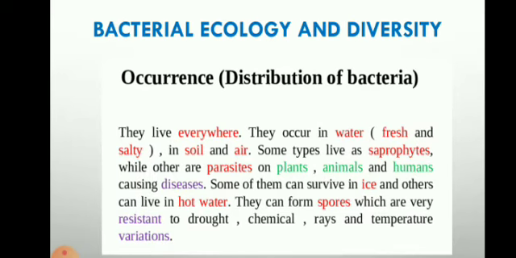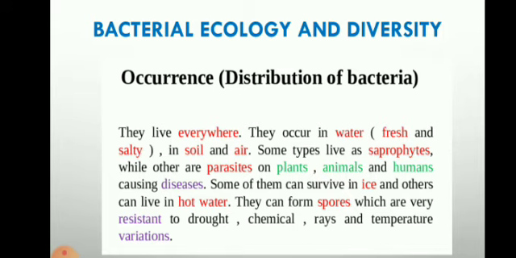First of all, we'll talk about bacterial ecology and diversity, where they are found. They live everywhere. They occur in fresh water, salty water, soil, and air, and they live as saprophytes and parasites on plants, animals, and humans. They cause diseases. They can survive in ice, hot water, and salty water.